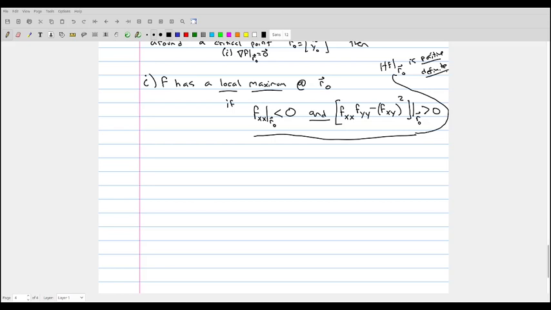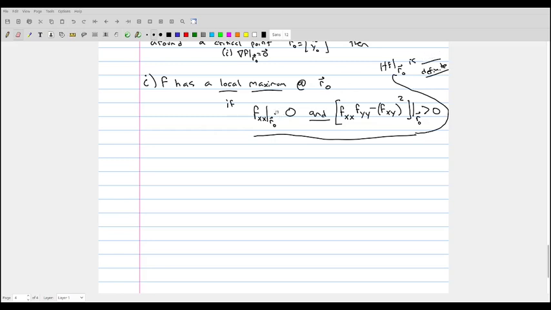So similar to the condition in single variable calculus for a single variable function, if these two things are true for a multivariable function at a critical point of type 1, we can say that point is definitely a local minimum, or negative definite.